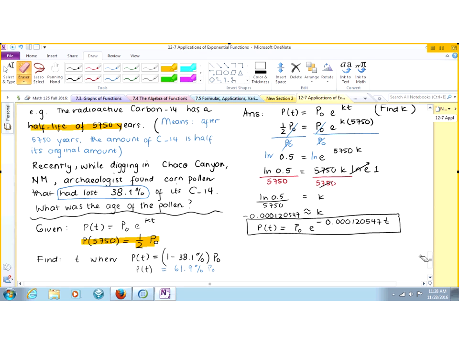Fossil. So they found a corn pollen. Do you know what a corn pollen is? Like a corn seed, right? Why is it important for archaeologists? Any idea? Yeah, why are they digging in New Mexico? And then they found a corn pollen and they want to know the age.